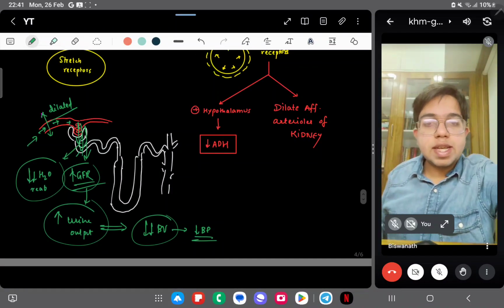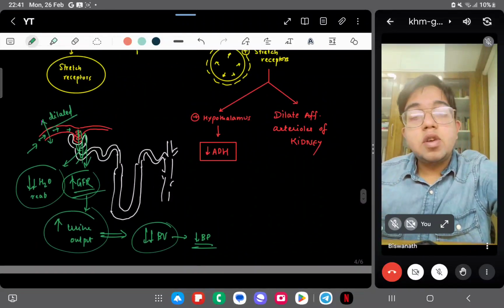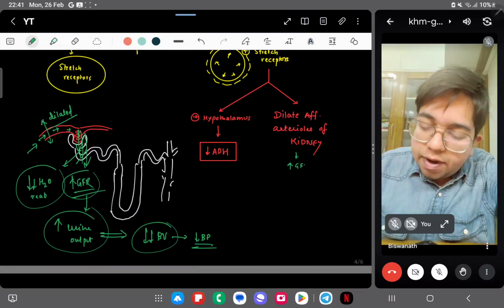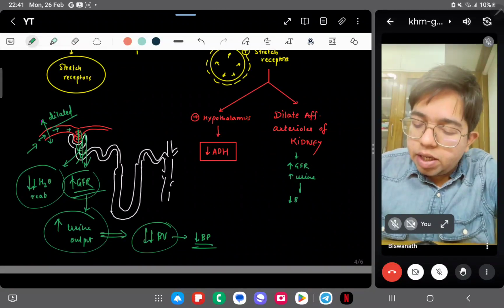So you understood what is happening. This is the concept. Dilate the afferent arterioles of the kidney, this will increase your GFR, increase your urine output, which will decrease your blood volume, which will decrease your blood pressure.